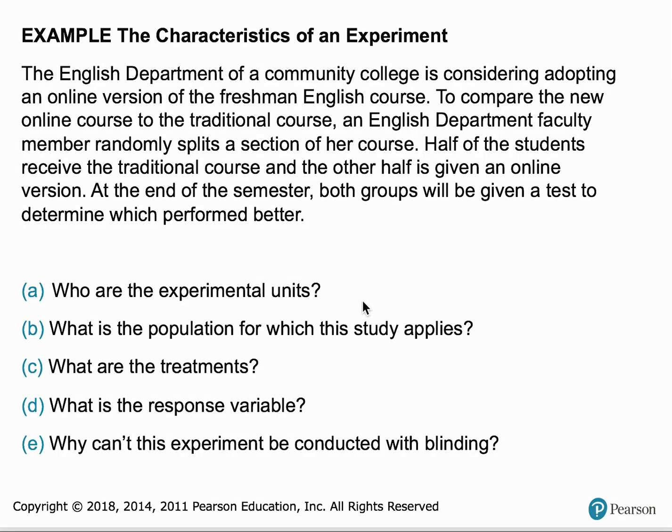So who are the experimental units? The students in her class. What's the population for which the study applied? It's still the students in her class. She took all the students in one of her classes, so that's the population too. What are the treatments?